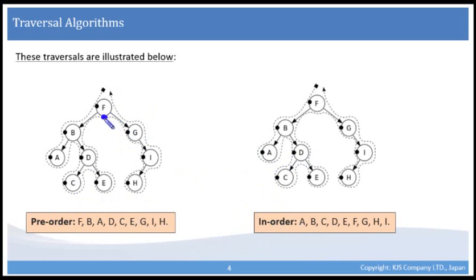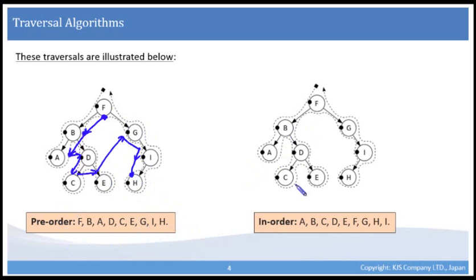Then we'll go to the left child, so we'll go to B. And then from B we'll go to the left child again, which is A. Then we'll go to the right child of B, which is D. Finally we'll go to the left child of D, which is C, and then the right child of D, which is E. From here we then go to the right-hand child of the main F, which will take us to G, and then this will lead us to I and then to H, as this is the only possible route. And so here we can see that pre-order illustration below.